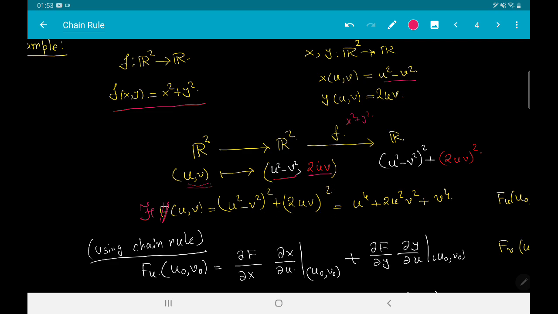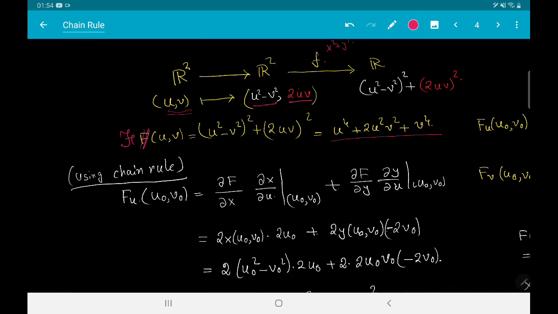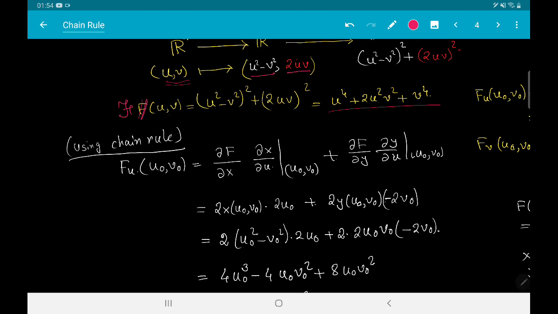This is a very familiar form from your high school algebra, and this turns out to be equal to u⁴ + 2u²v² + v⁴. Now if we want to use the chain rule, this is of course a script F, but in this example it doesn't matter, but let me persist with my notation.